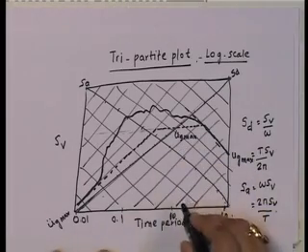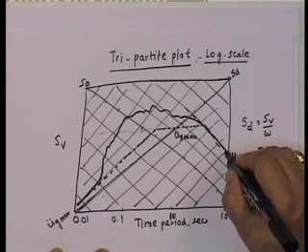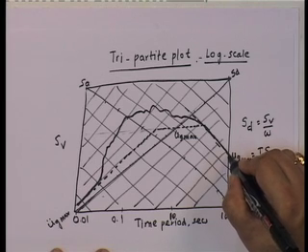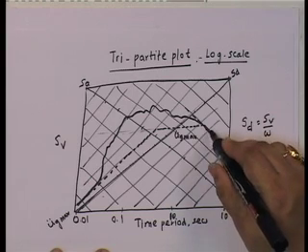So, if I plot those, and if I plot this curve at very large time periods, what happens? At very large time periods, the deformation spectrum becomes the same as the ground spectrum.